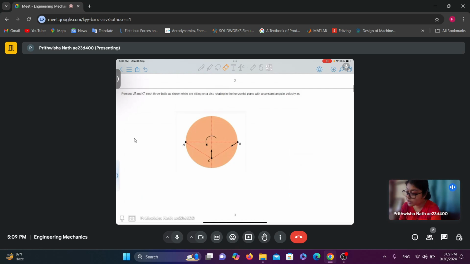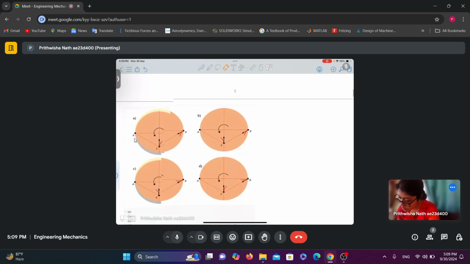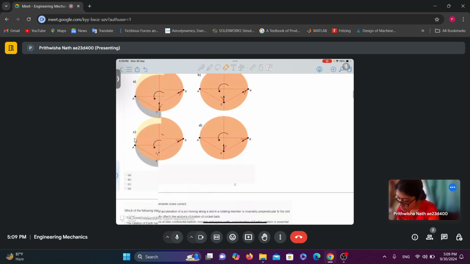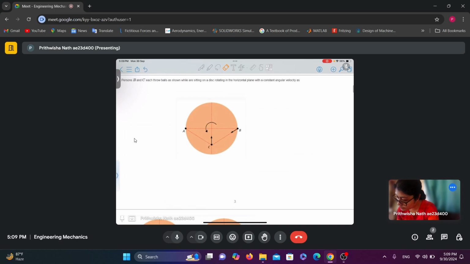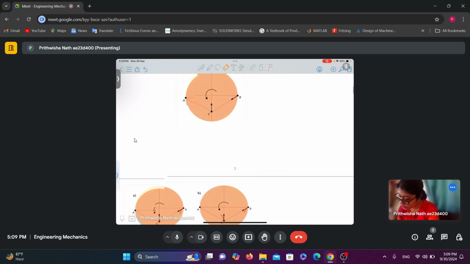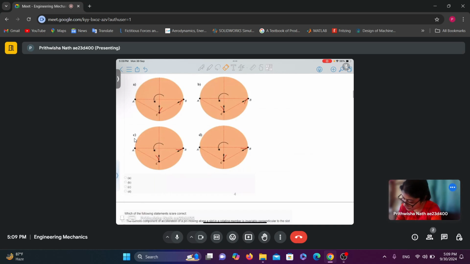So two persons are sitting at points B and C and they throw balls as shown by the arrows. So which one is correct? Option D is correct.